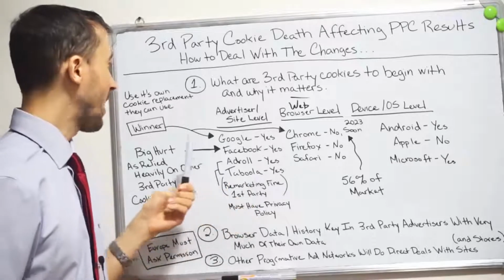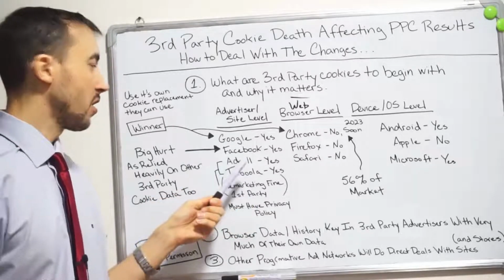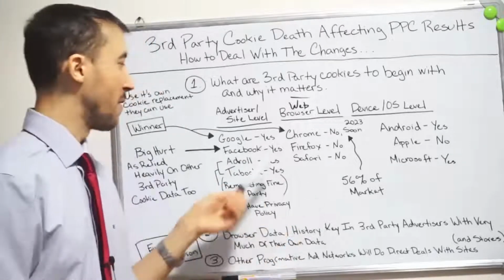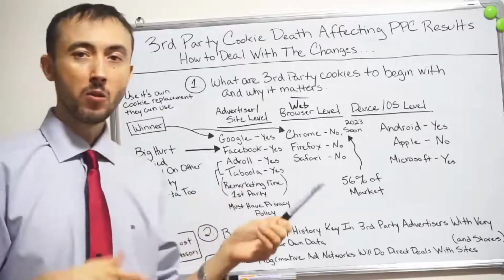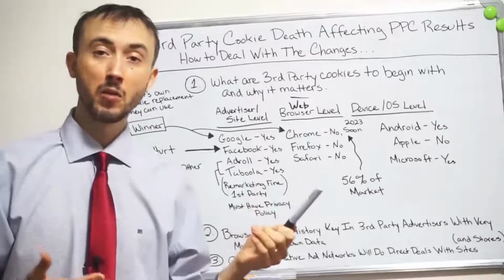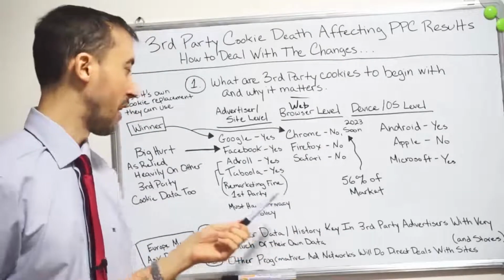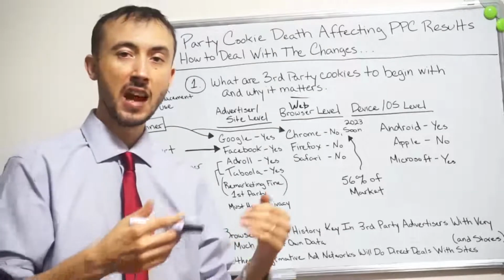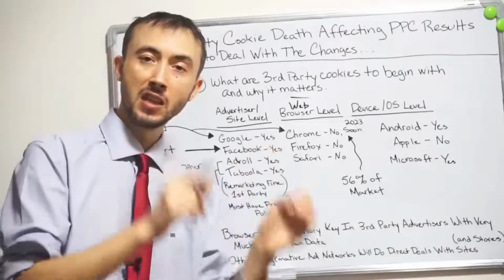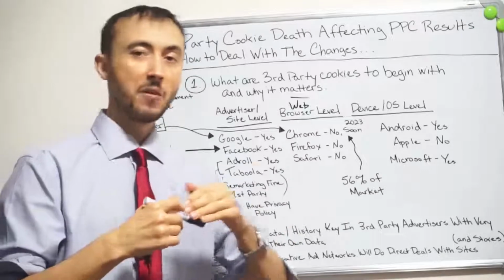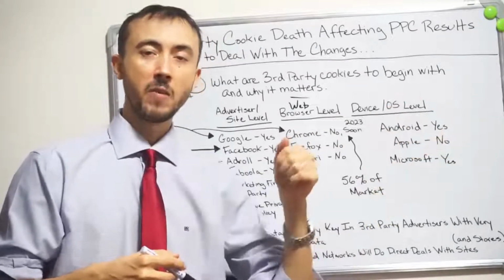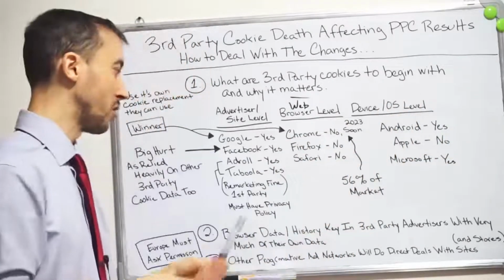So with that said, there are other advertising networks out there, obviously, other than Google and Facebook. There are sites like AdRoll, which specializes in remarketing. Remarketing through AdRoll isn't going to be affected because they use first-party cookies. If you advertise through AdRoll using remarketing, which is advertising that shows up for a user after they leave your site, that's all done through first-party cookies.